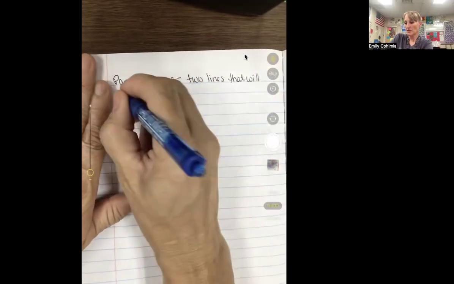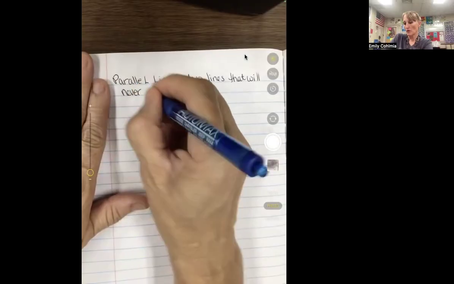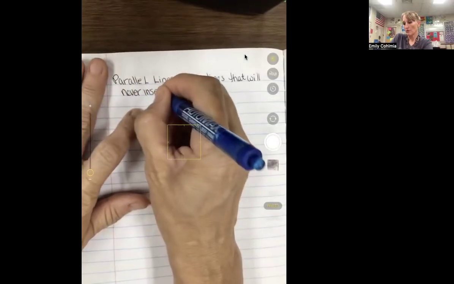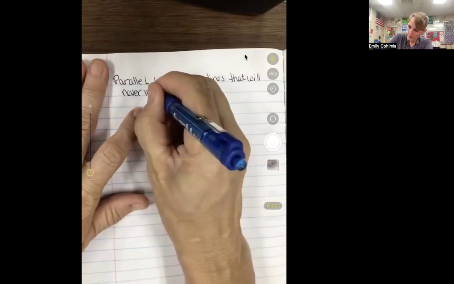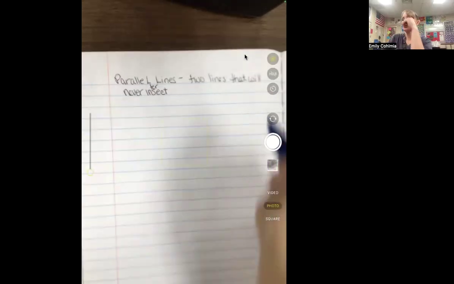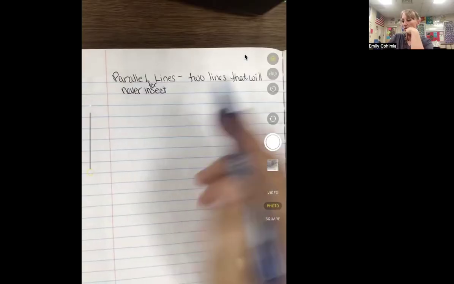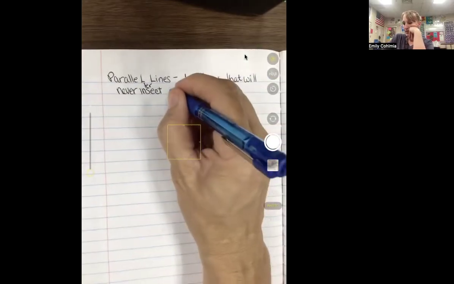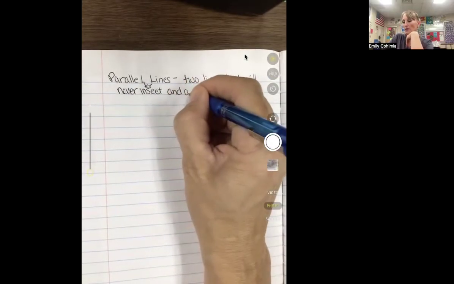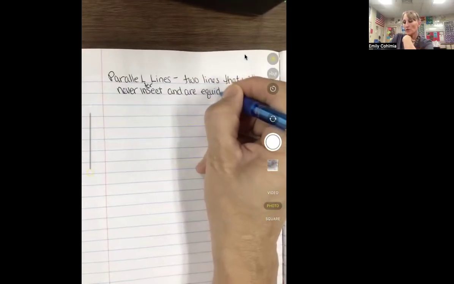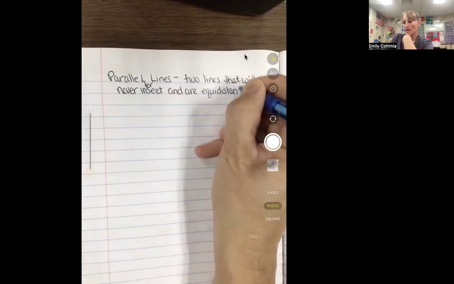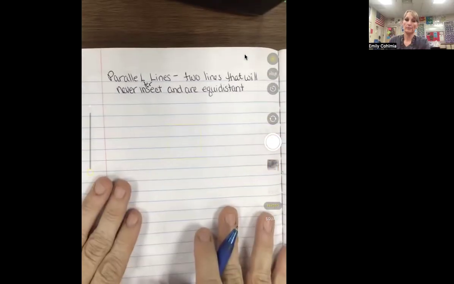But we can't just leave it at that because that would also be the definition of skew lines. So two lines that will never intersect and are equidistant from each other. In other words, they have the exact same distance from each other.